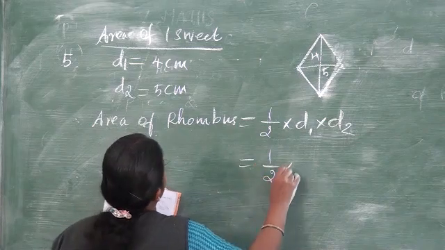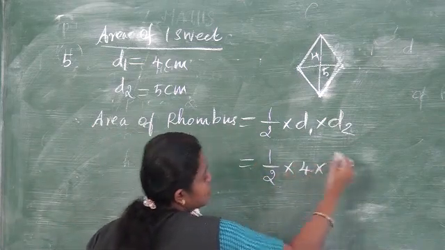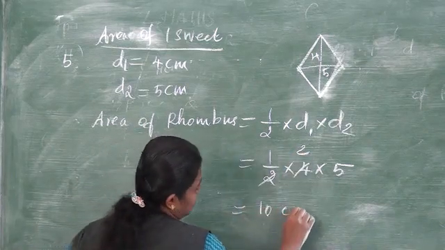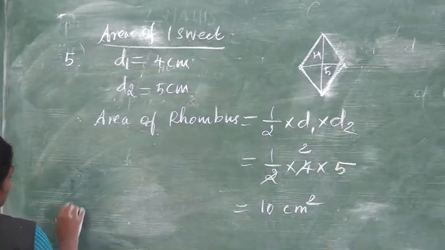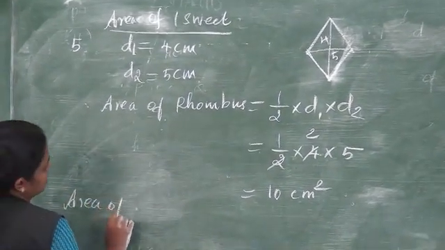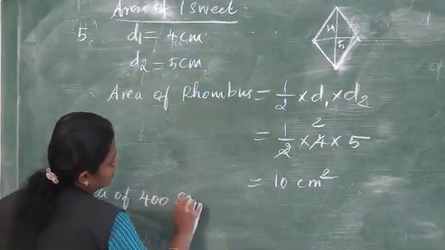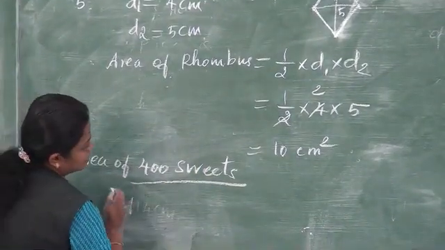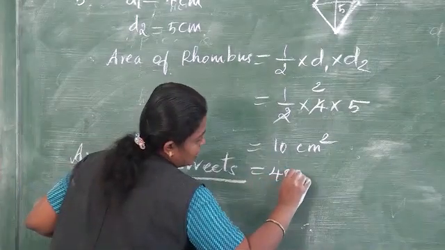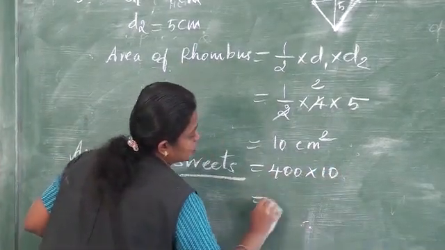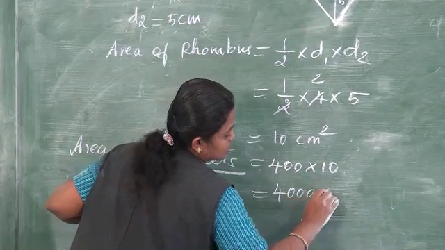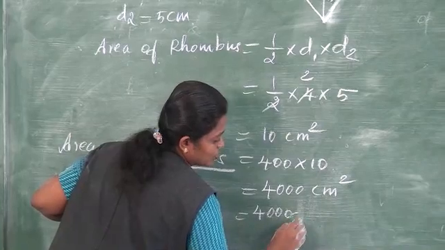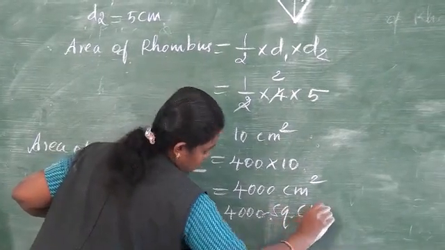That is equal to half into 4 into 5. If you are cancelling, getting 2. So 10 centimeter square. Then area of 400 sweets is 400 into 10. So 4000 centimeter square. Already I told this, we can write it as 4000 square centimeter.